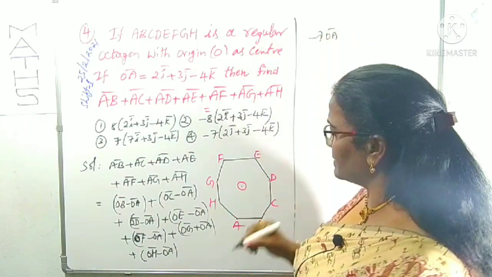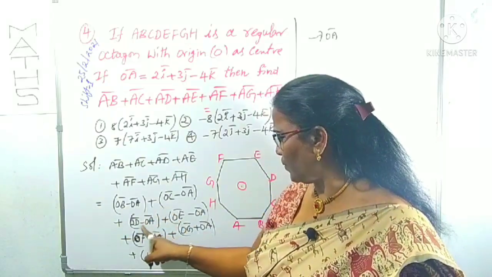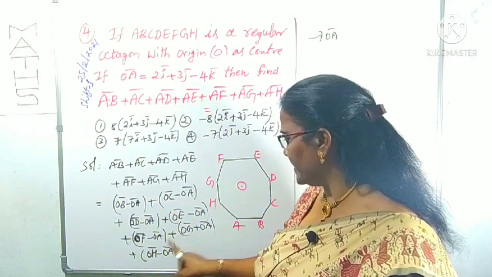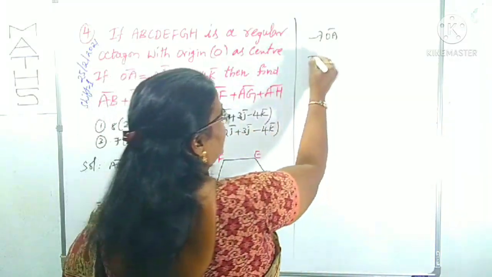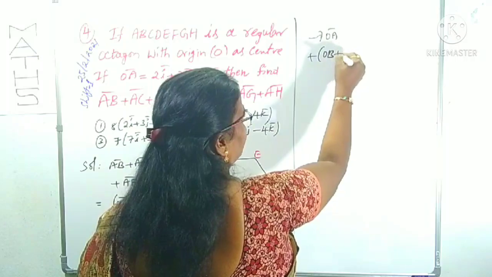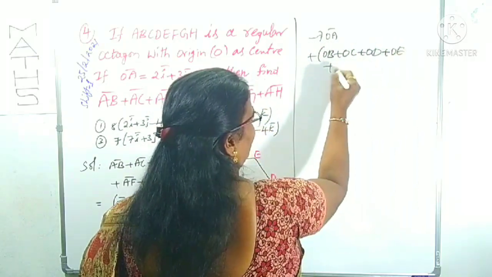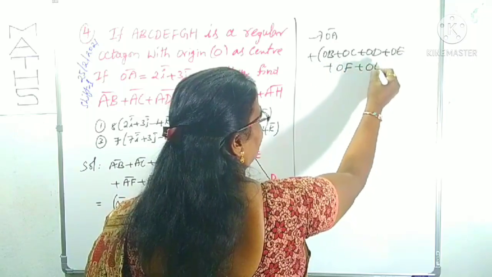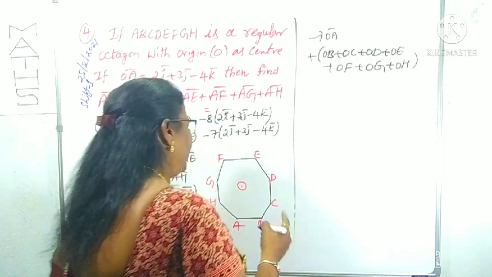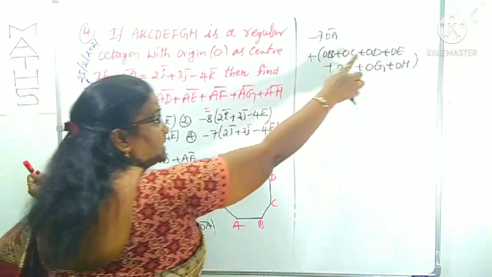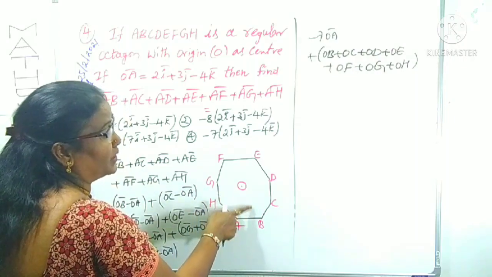Then what are the remaining terms? The remaining are OB, OC, OD, OE, OF, OG, OH under the addition. I will take those as OB plus OC plus OD plus OE plus OF plus OG plus OH, right? By the figure, OB means this vector OB, then OC.